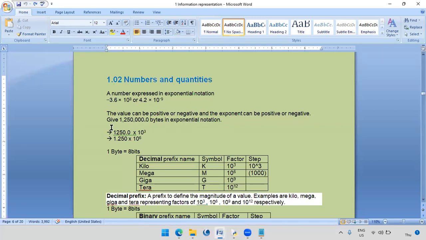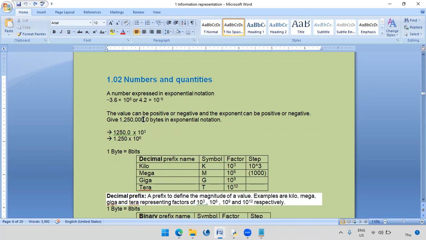You saw it here. Example: give 1,250,000 bytes in exponential notation. So what do you do? You bring this decimal point this way and make the number smaller. Here I have taken 3 places of decimal, 1, 2, 3, and up to this point, 1,250 into 10 to the power 3.